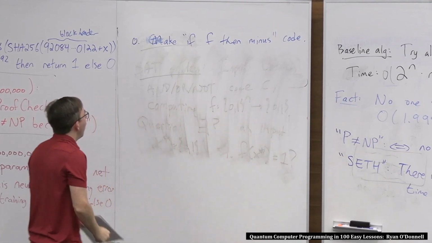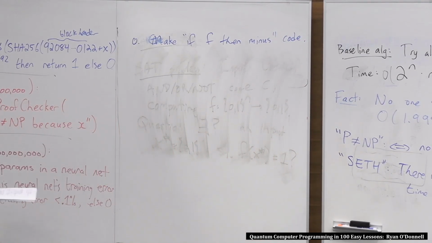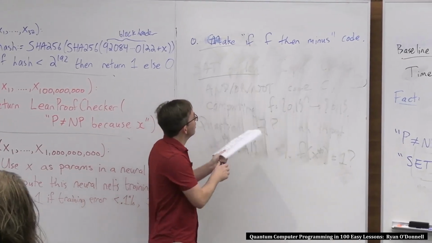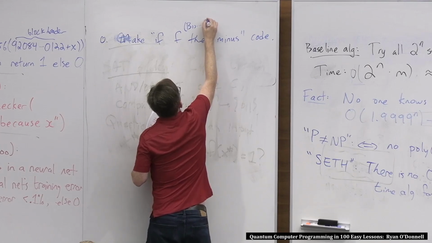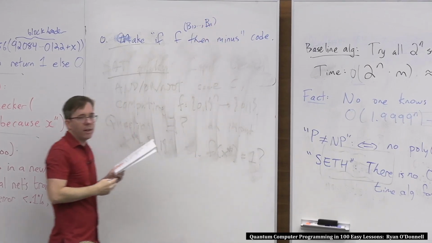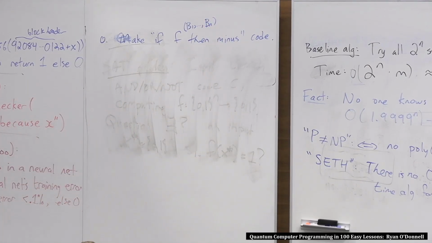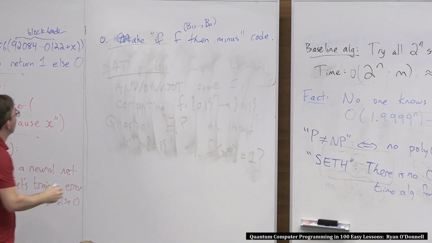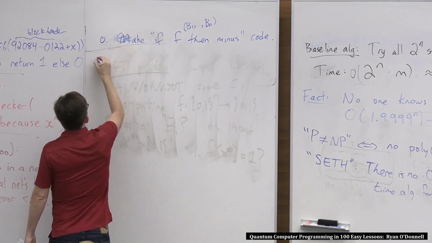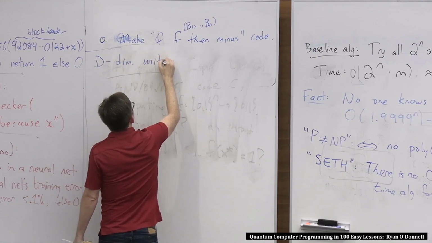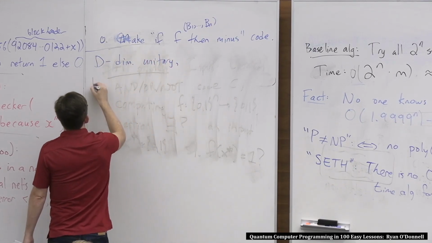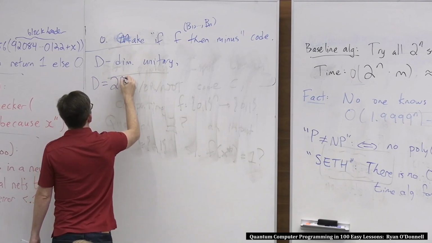And we're going to think about this. This is a unitary. If we think about it all together, this is a unitary operating in 2 to the n dimensions. So this is a d-dimensional unitary where d is 2 to the n.